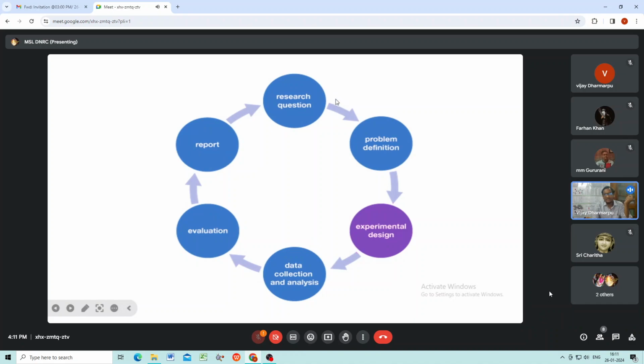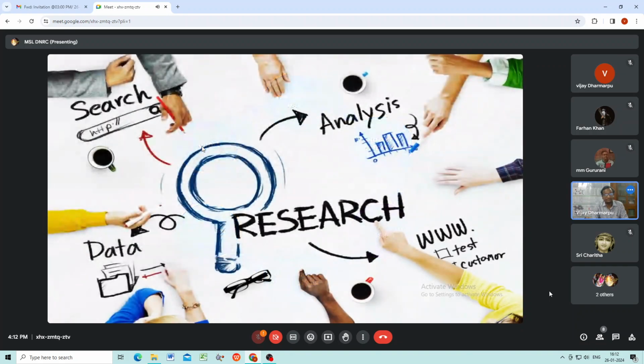If any research has its own question, that question gives you the problem and definition. That question gives you the experimental design. And the question will collect the data. The question is finally justified with an evaluation. Then we go for a report.